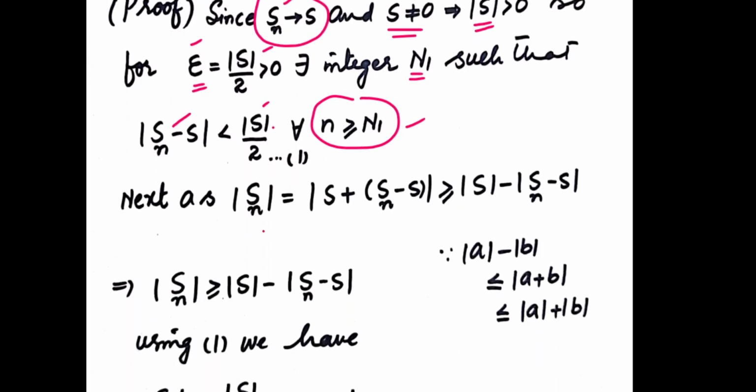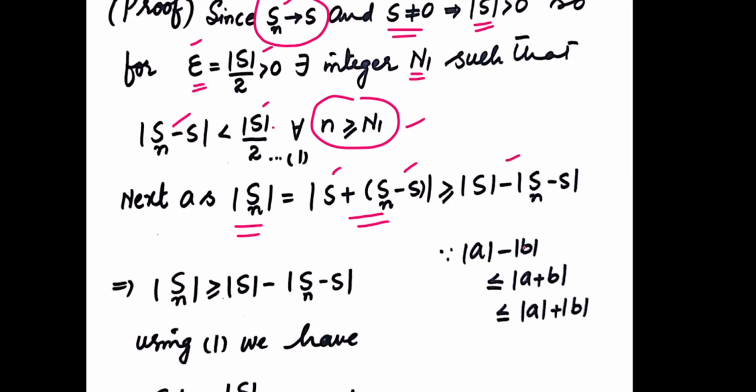Now I want an expression in the form of Sn, as Sn can be written by adding and subtracting the limit S. So this becomes S plus (Sn minus S). This sum's absolute value is always greater than or equal to the difference of these absolutes.